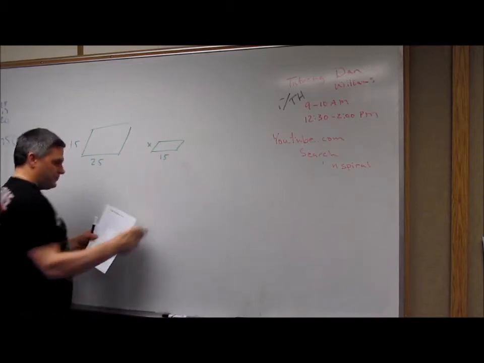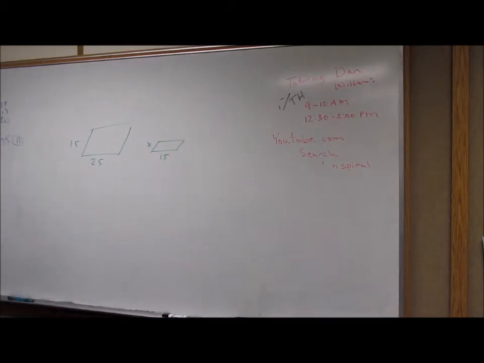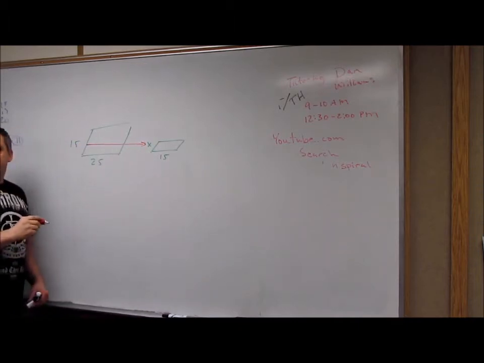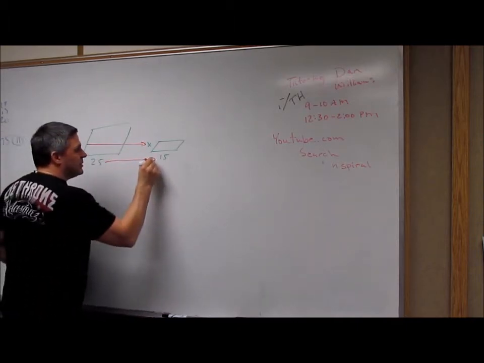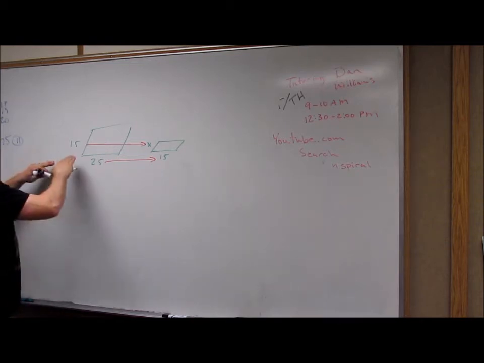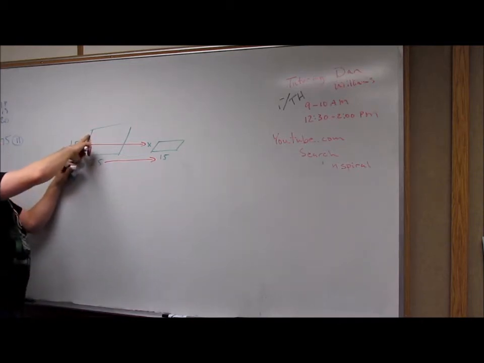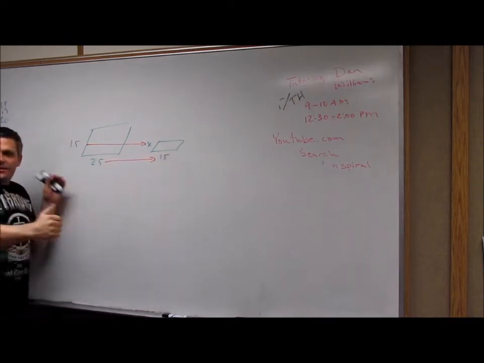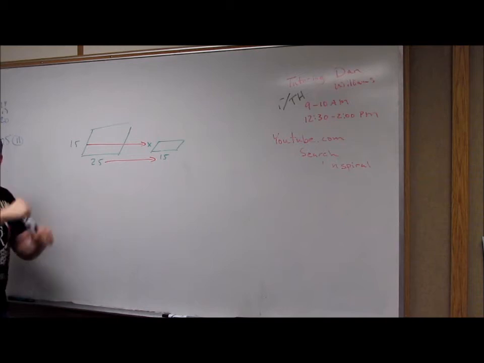We have 15. Now, if you look at these, it's pretty basic what's going on. This is to that as this is to that. They're saying this side is similar to this side, and this side is similar to this side, except they just got smaller.